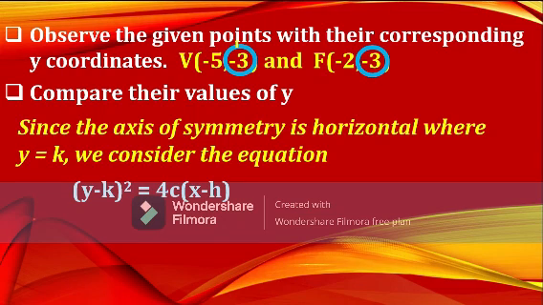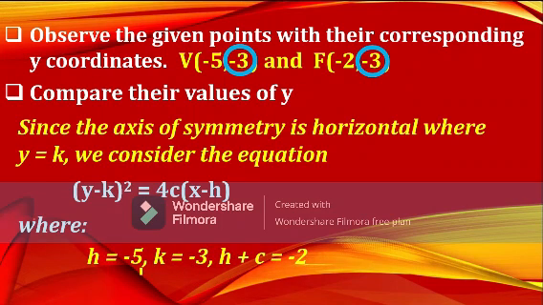So if that's the vertex and you have the focus, the axis of symmetry will be horizontal, if you're going to plot the points. Then the equation, if the axis of symmetry is horizontal, is this one: y minus k quantity squared is equal to 4c times x minus h.